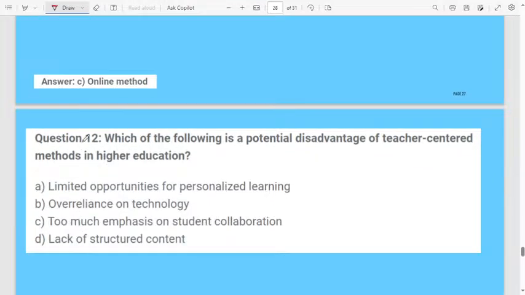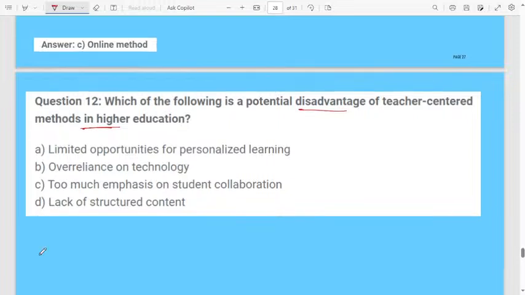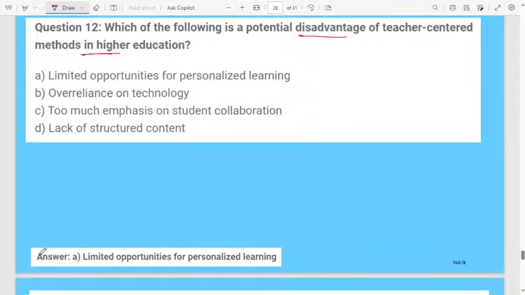Next, which of the following is a potential disadvantage of teacher-centered method in higher education? Option A, limited opportunity for personalized learning. Option B, over-reliance on technology. Option C, too much emphasis on student collaboration. Option D, lack of structured content. Which one is the correct answer here?